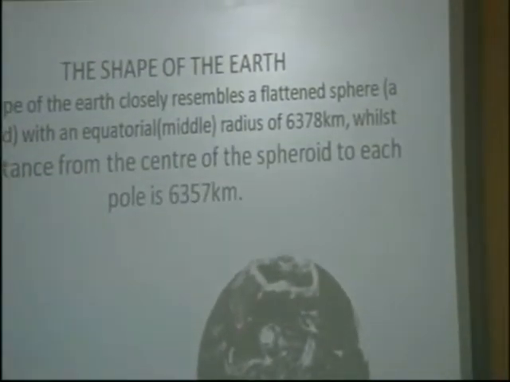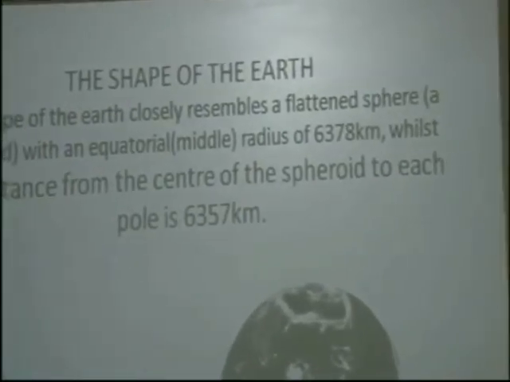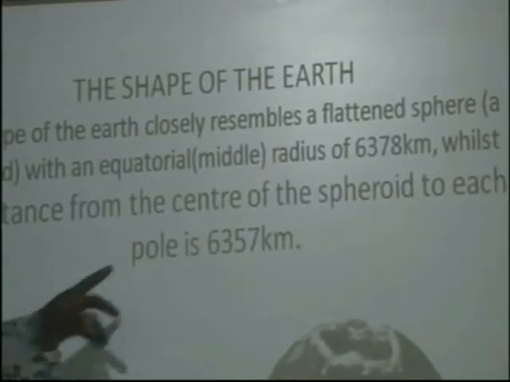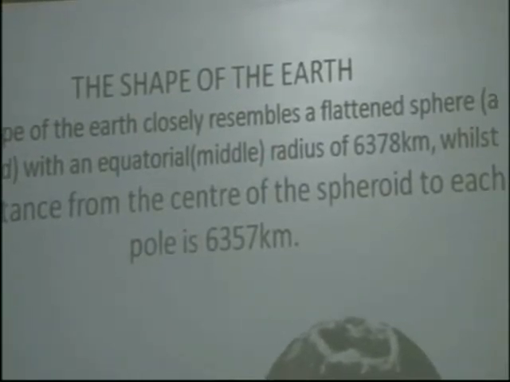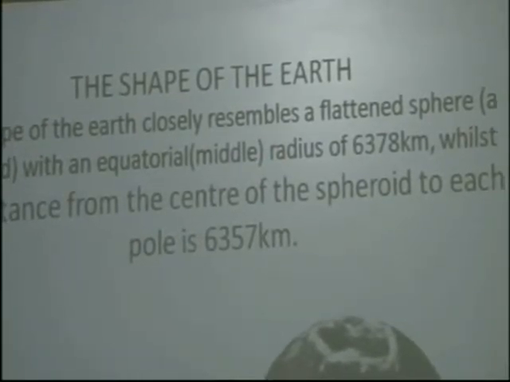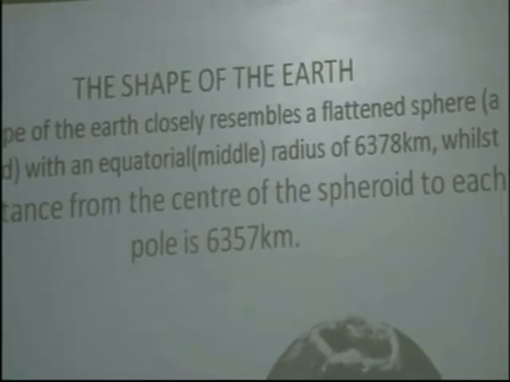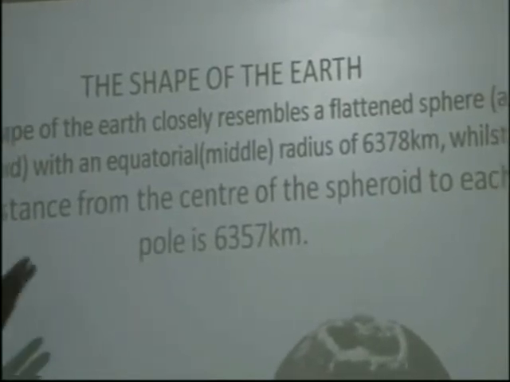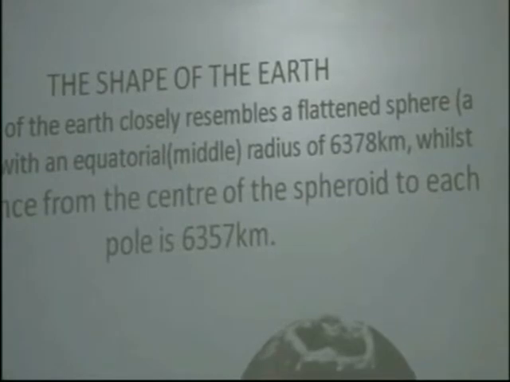You see that the two of them are not the same. That is why we say it is not really a perfect sphere. If it were a perfect sphere, the two radii should be the same. Is that not so? Yes. But for the basis of our calculation in mathematics, we're going to assume that it is a complete sphere. I hope that is clear. And we'll take the radius as 6,378, though approximated to what?